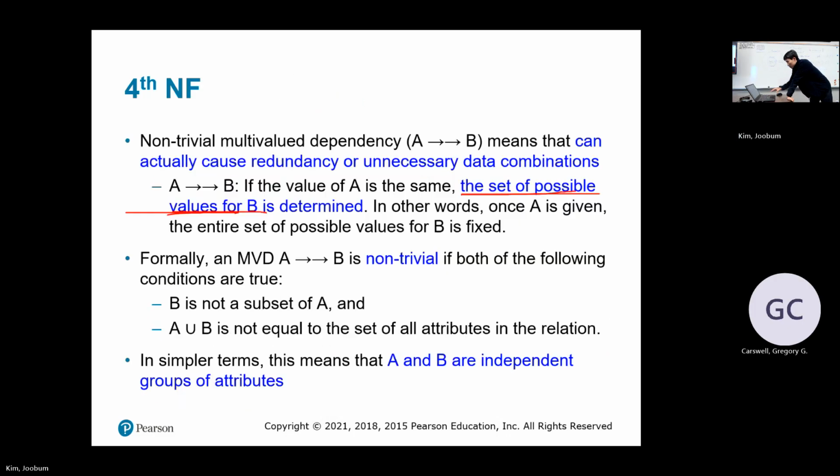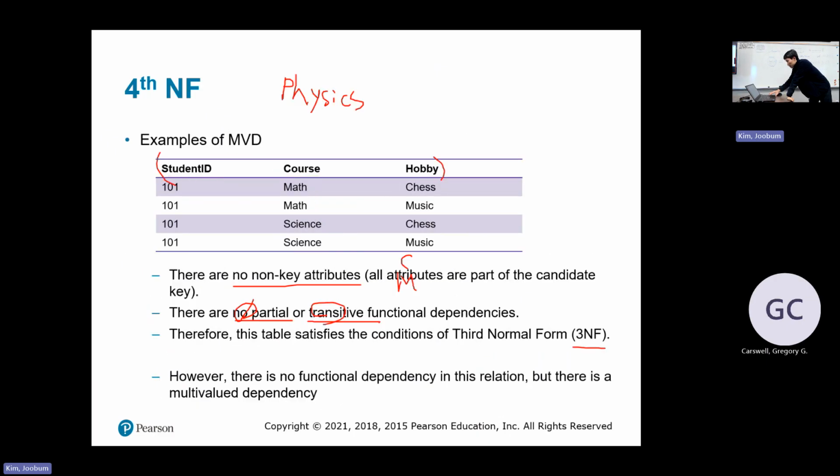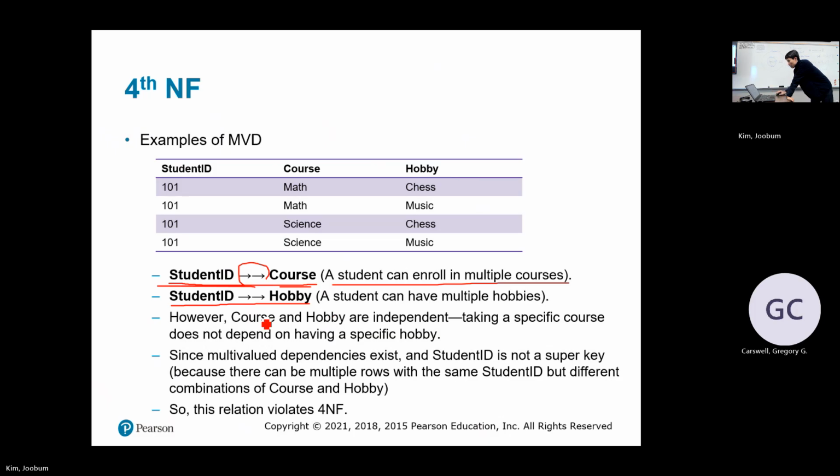Here, non-trivial means B is not a subset of A. Think about that. This is A, and this is B. Student ID, course: A and B. It's a multi-value dependency. Is B a subset of student ID? No, student course is not a subset of student ID.